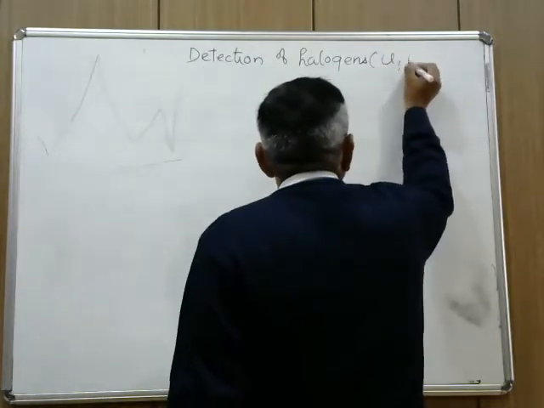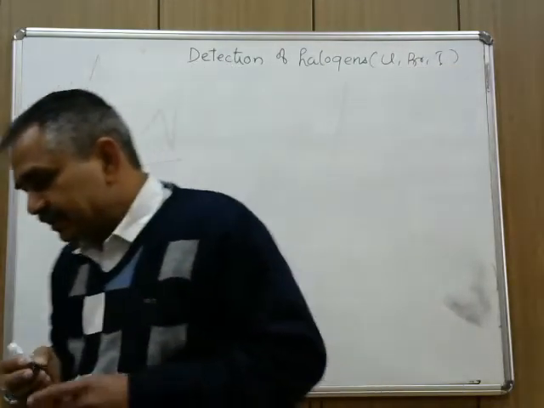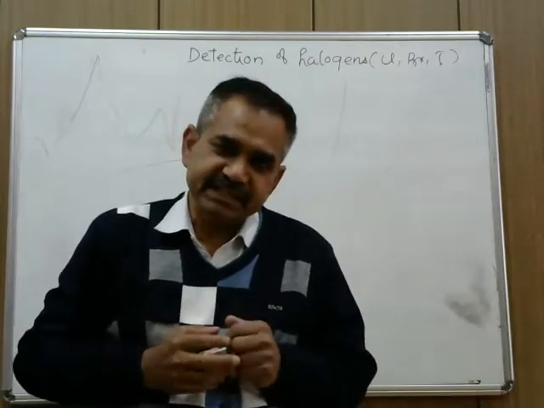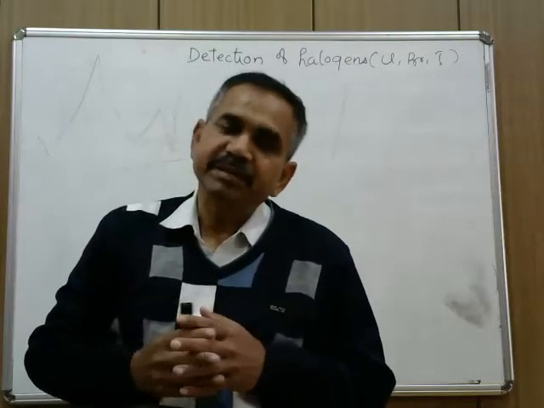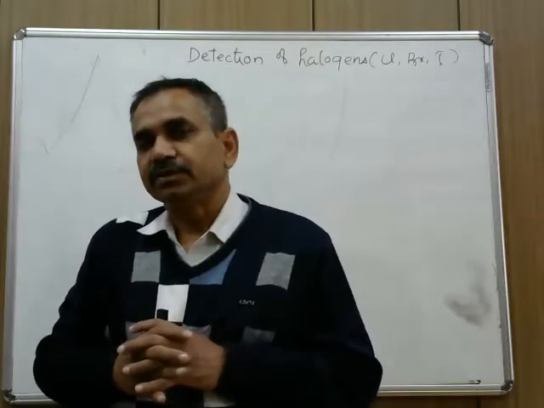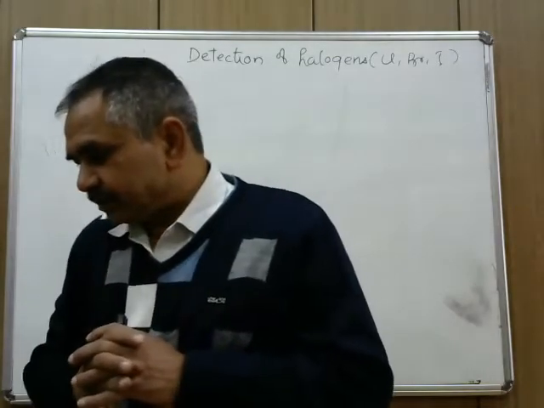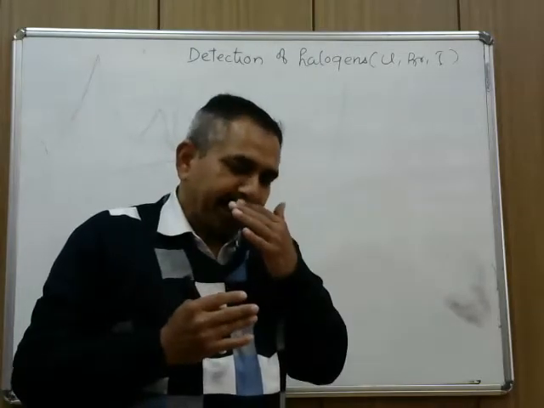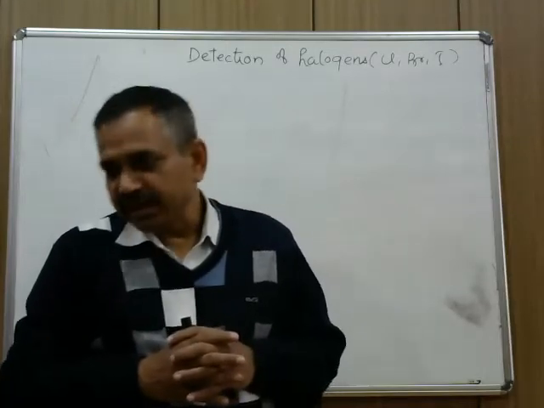Here halogens refers to chloride, bromide and iodide. Fluorine cannot be detected with the help of Lassaigne's test; we have different tests to detect it. With the help of Lassaigne's test, we can detect the presence of chlorine, bromine and iodine. First I discuss the procedure, then I will tell you the chemistry involved.